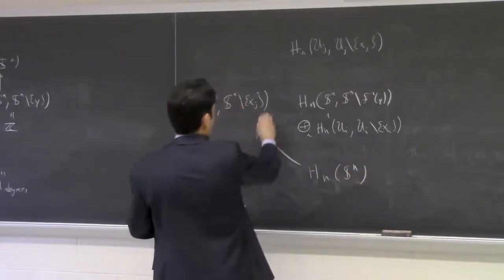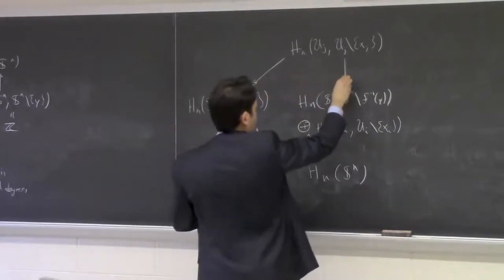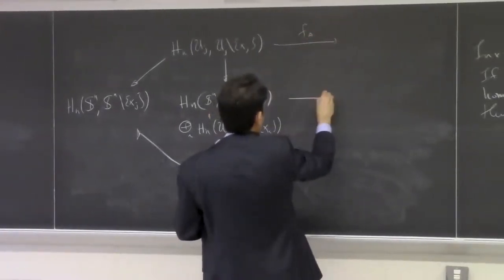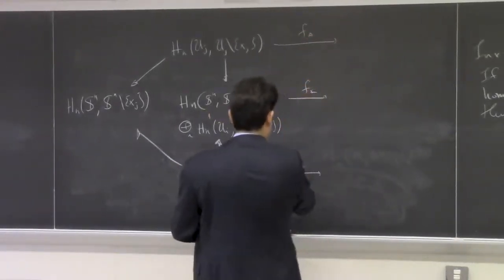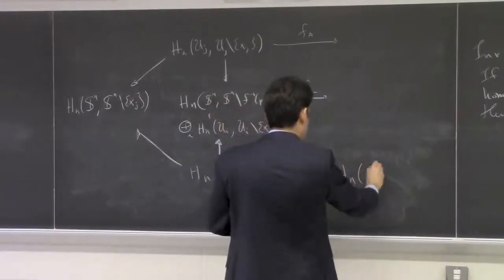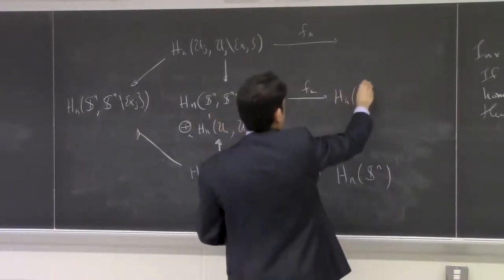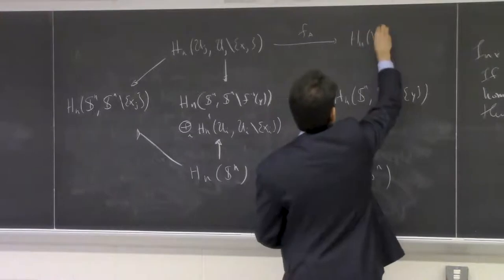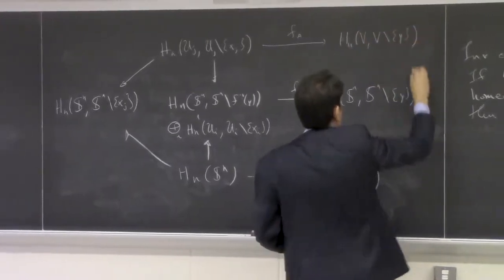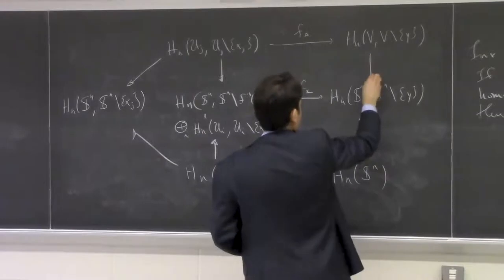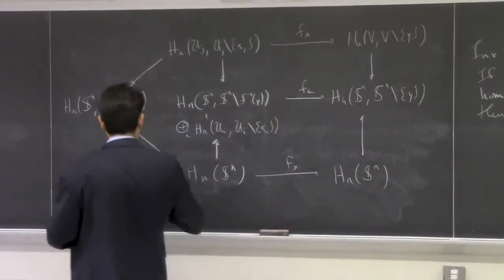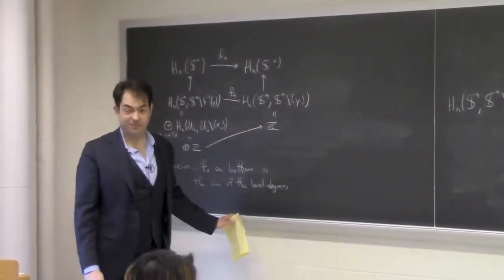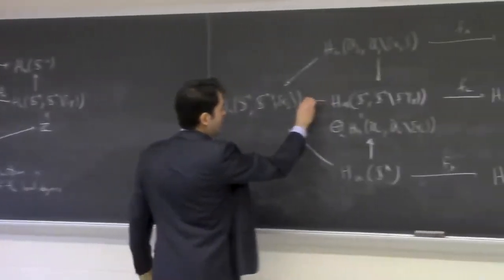Okay, so we have a map. Okay, and then each of these we can map across using f star. Okay, so we fit this into a larger commutative diagram. I also have an arrow going this way.